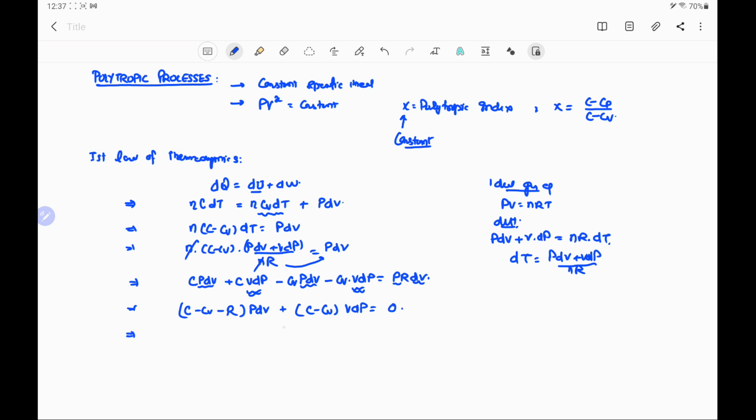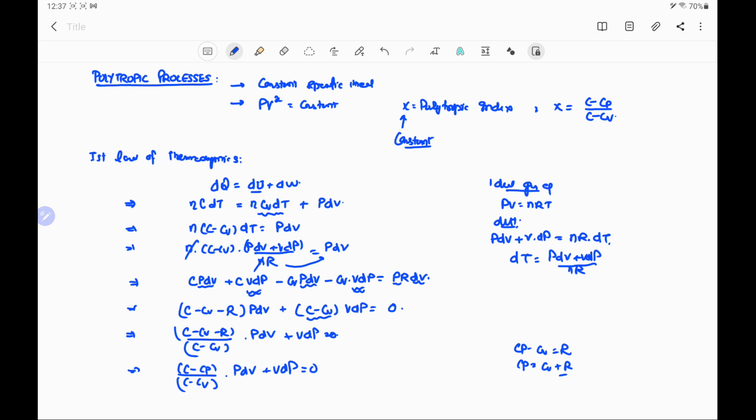Or we can write, dividing the equation by C - Cv, (C - Cv - R)/(C - Cv) PdV + VdP = 0. Now using the equation Cp - Cv = R, or Cp = Cv + R, we can replace Cv + R with Cp, and hence we have (C - Cp)/(C - Cv) PdV + VdP = 0.